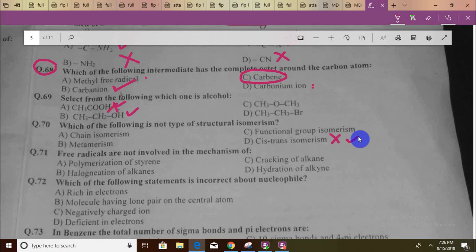So in which mechanism are free radicals not involved? Polymerization of styrene, they are involved. Halogenation of alkanes involved. What about the cracking of alkanes? I doubt there is any involvement of the free radical mechanism. And then they're talking about the hydration of the alkyne molecule. We haven't done this, but we have done this cracking process, and they haven't mentioned any free radicals, so I would go with this one.